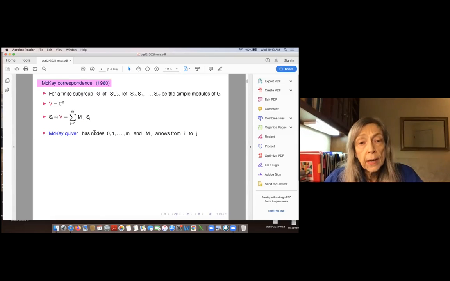So the quiver has nodes corresponding to the simple modules, and the number of arrows from i to j is just this multiplicity. And the big miracle was it turned out to be an affine Dynkin diagram of type ADE.